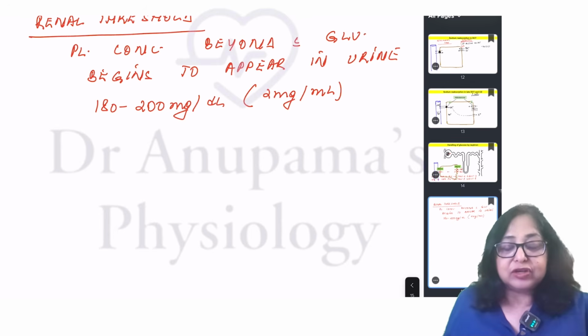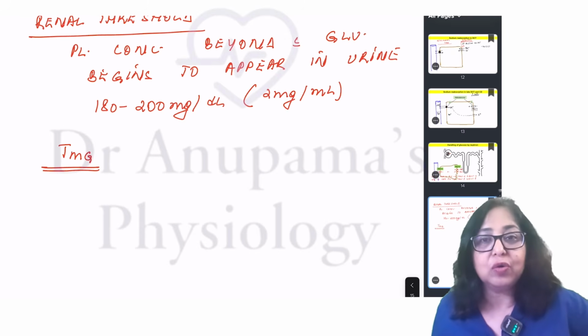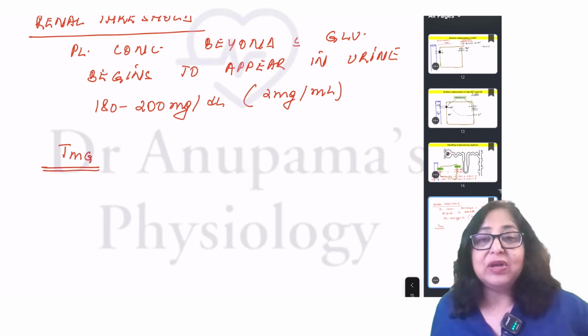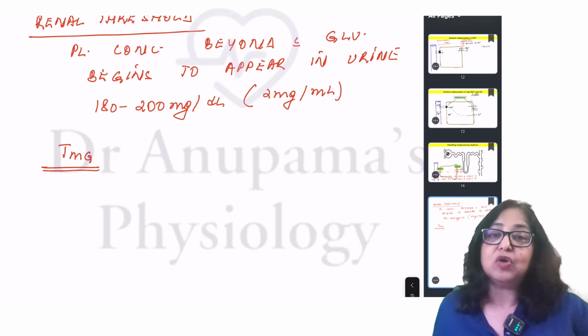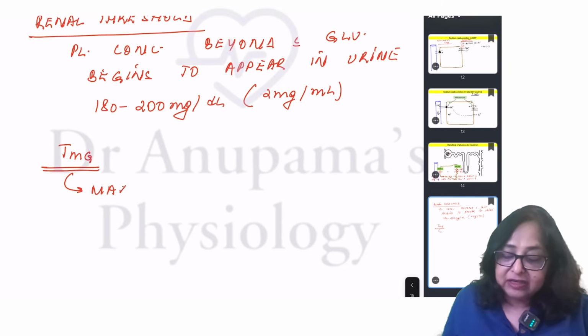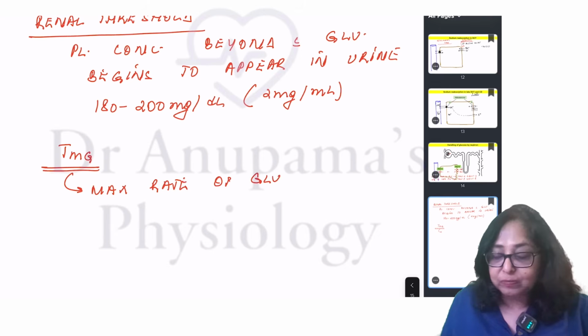This is renal threshold. There is another term which is called TMG, transport maxima for glucose. Glucose absorption is carrier mediated, and we already know that all carrier mediated transports will have a maximum rate of transport, which is called Tm. Now, this is TMG, that is the maximum rate of glucose transport or of glucose reabsorption.